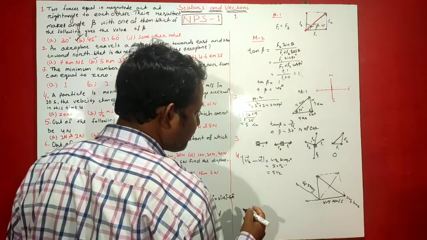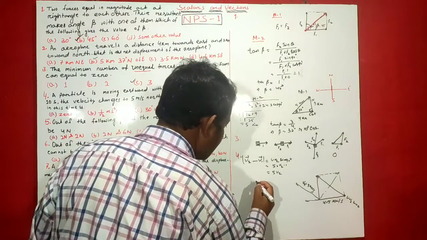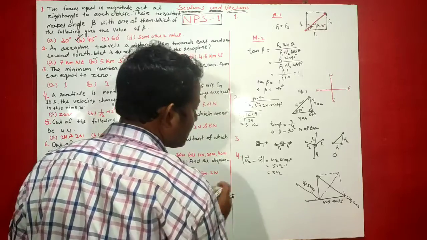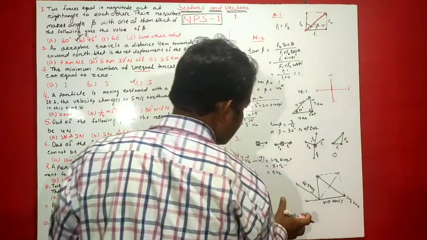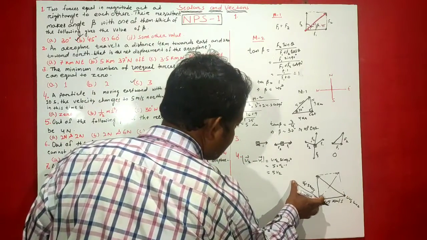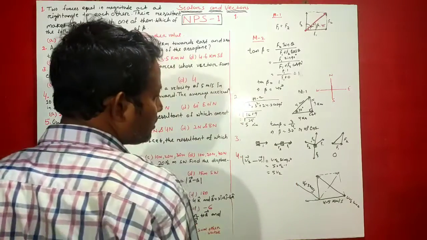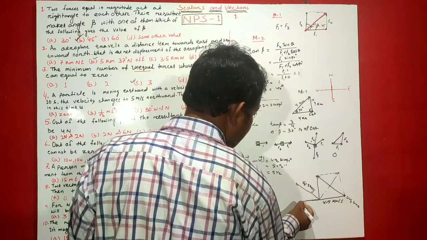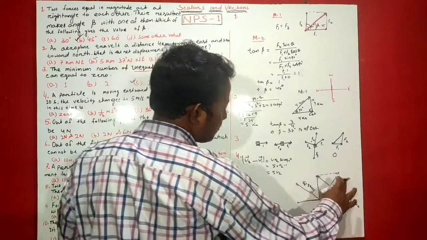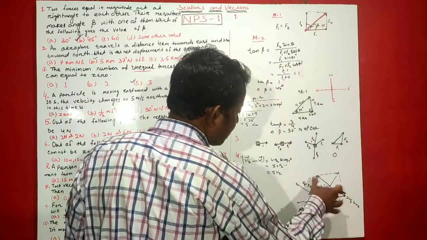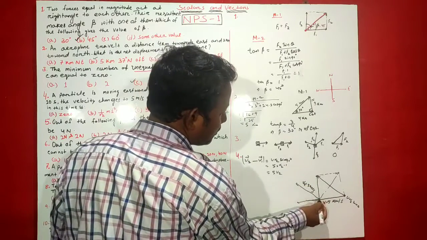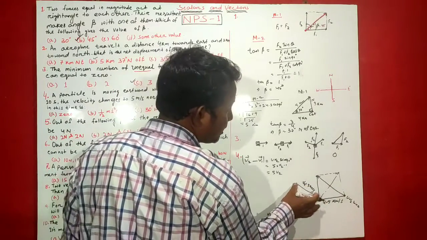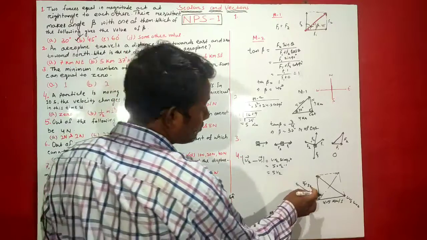The direction will be northwest direction. This is northwest direction because both the vectors V1 and V2 are equal. So the resultant will be exactly the angle bisector of the two.